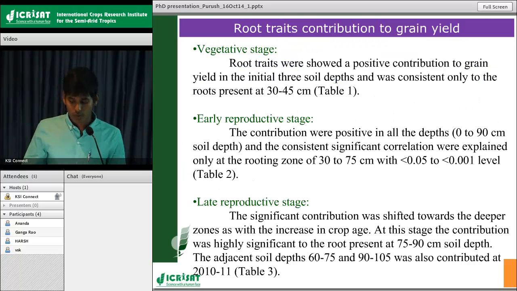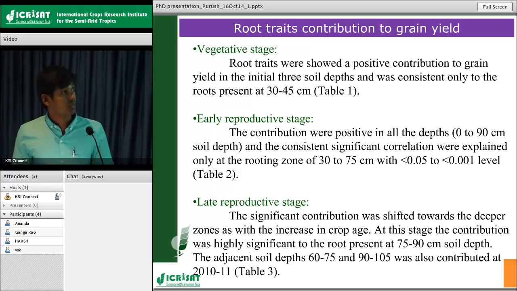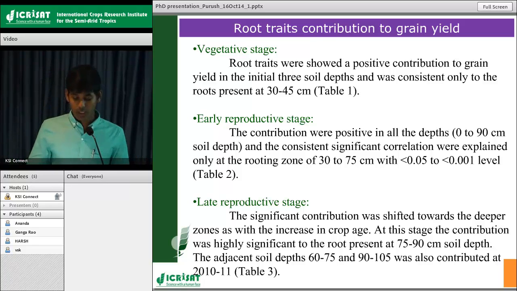The contribution of root traits to grain yield is summarized as follows. At the vegetative stage, root traits showed positive contribution to grain yield in the initial soil depth and were consistent only at 30 to 45 centimeters. At the early reproductive stage, the contribution was positive at all depths, but the depths 30 to 75 had a significant correlation with the grain yield.